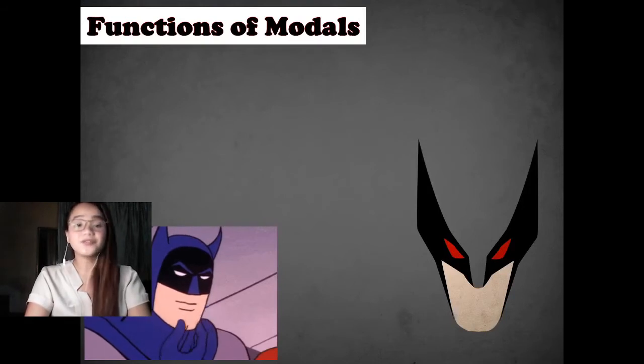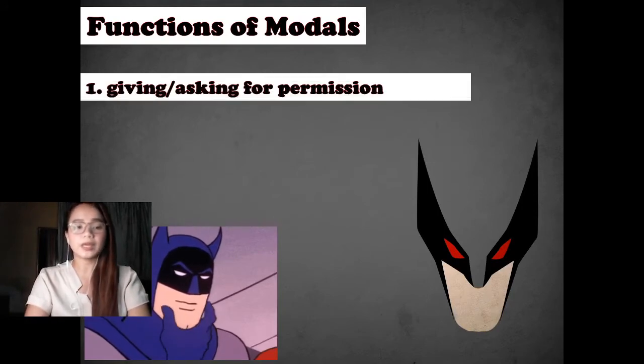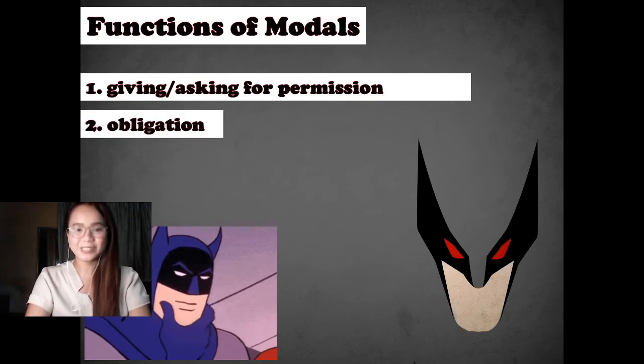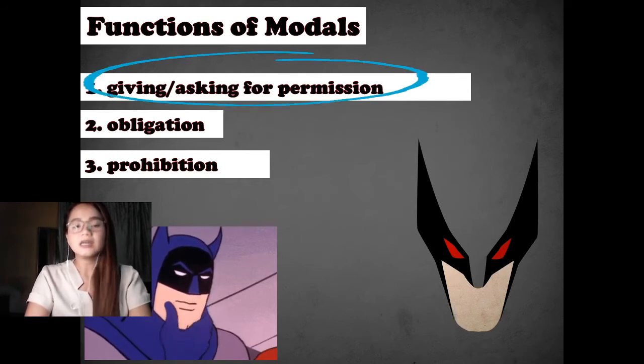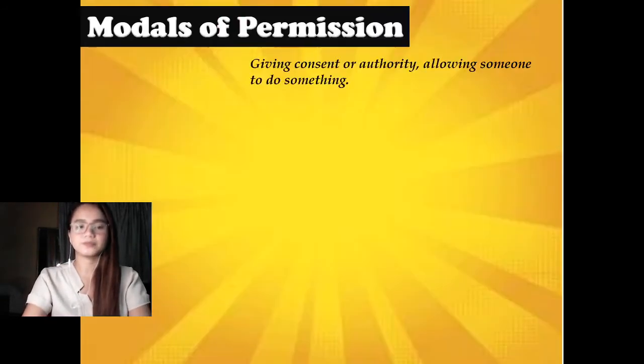There are a lot of functions of modals, class, but in your module, they focus on three functions only. These are the following: giving or asking for permission, obligation, and prohibition. But for today, our task is to learn about one function only, giving or asking for permission. The modals of permission.